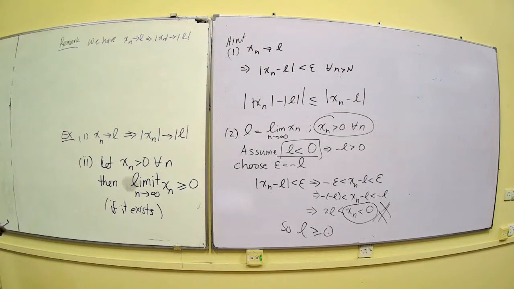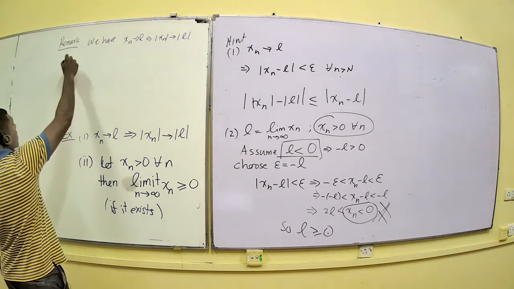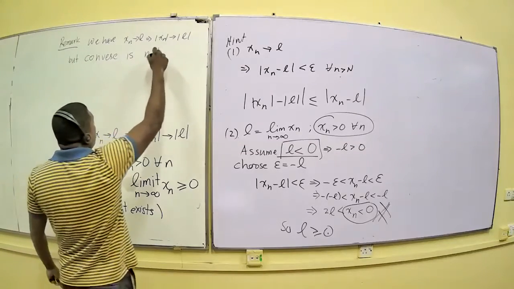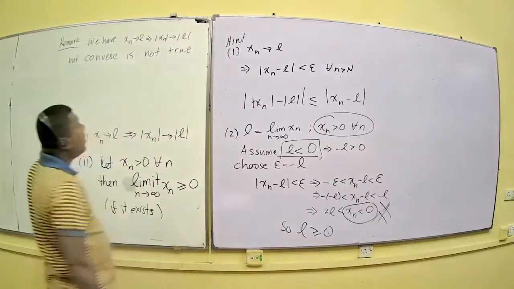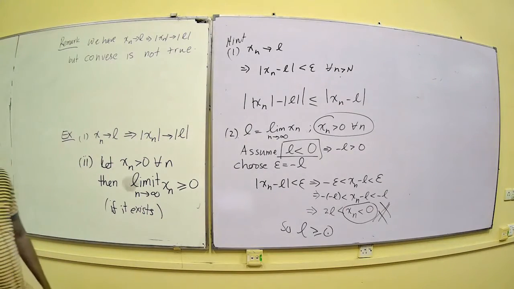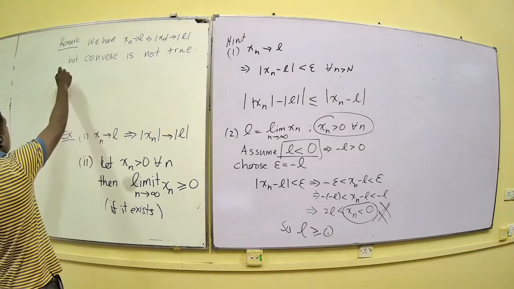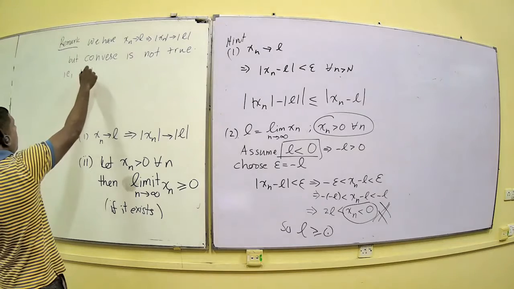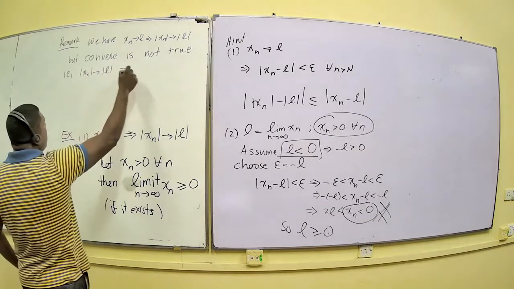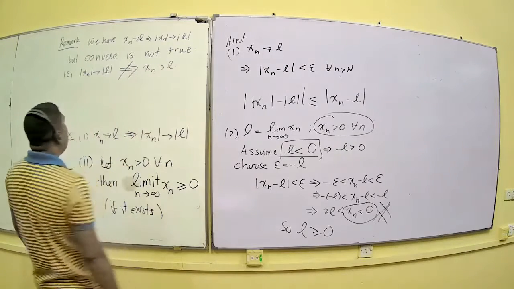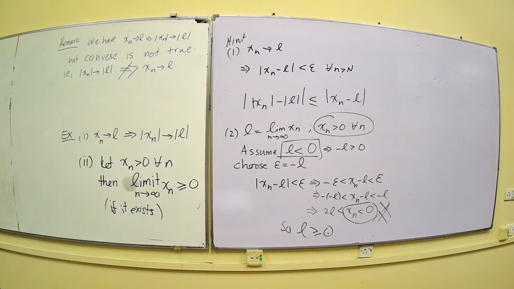You have the absolute value of xn converges to the absolute value of L if xn converges to L. The converse is not true, because the absolute value of xn converging to the absolute value of L cannot imply xn converges to L.